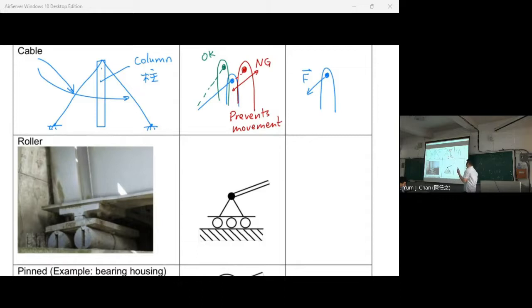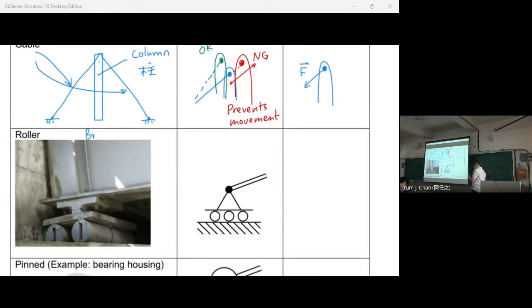This is the first type, and the second type is roller joint. A roller joint is like a bridge, and for this bridge, because it is metal, it can expand or contract, so it can go in this direction, and actually it can also rotate.